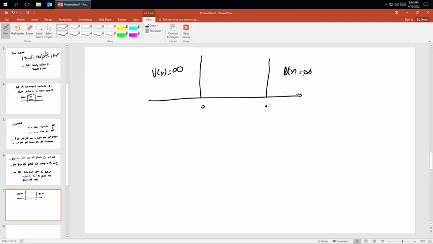That means that's where the particle is not there. So the question is, what are the allowed states for the particle to live there?